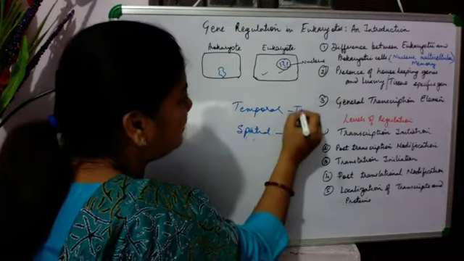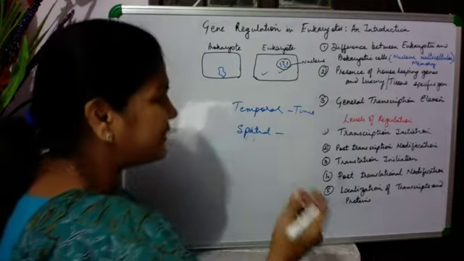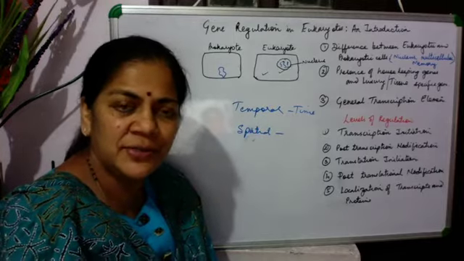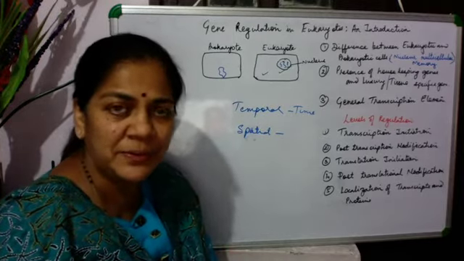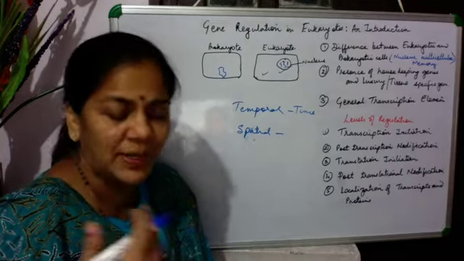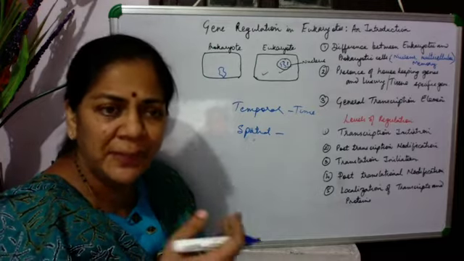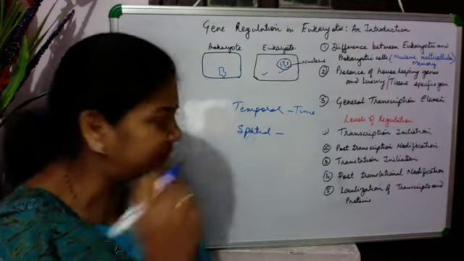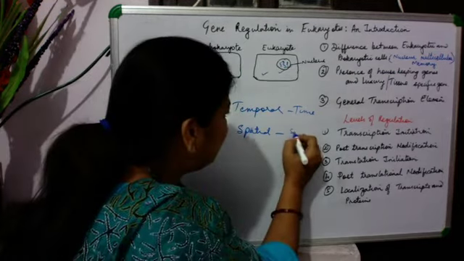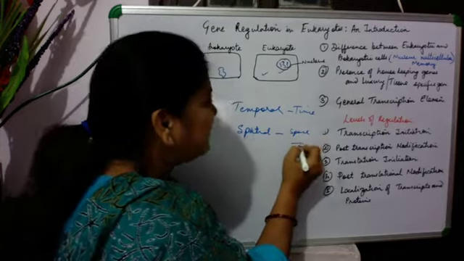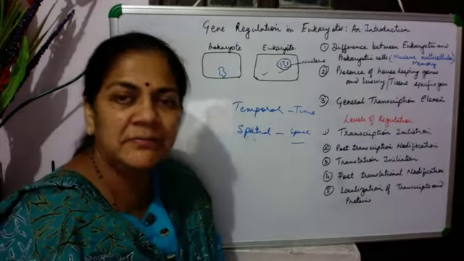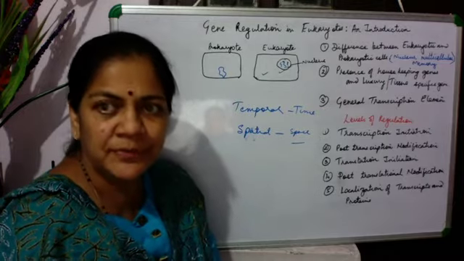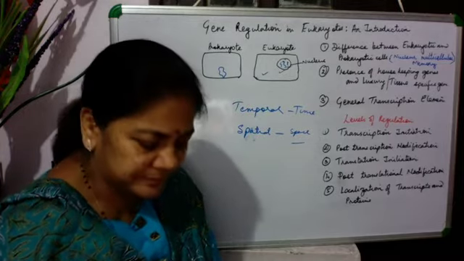Temporal is on the basis of time. That means there is a certain set of genes which are required in early development. When they are required during development, they are expressed, and then they stop expressing. Some genes are required late during development. So depending upon the time during development or life of an organism, the gene regulation takes place. Spatial means in space. That means, let's say, in kidney, liver, muscles, neurons, that's space. So they are regulated.